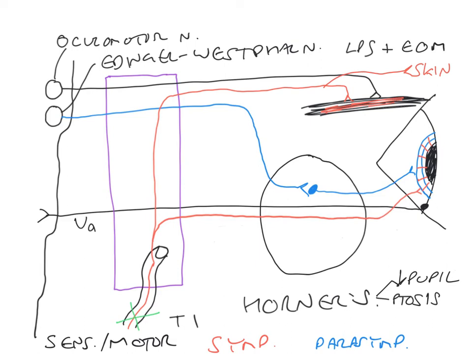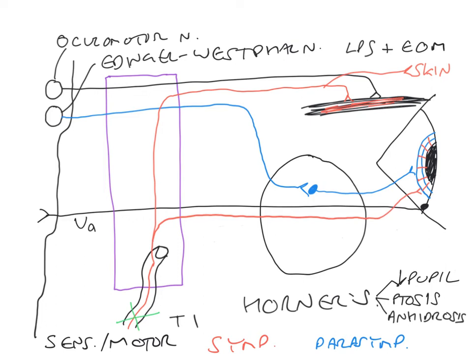So if we have lost sympathetic innervation to the skin, we would lose sweating to a given area of the face, and that would lead to the condition known as anhidrosis, i.e. loss of sweating. So that's Horner syndrome, leading to the classic presentation of ptosis, miosis, and anhidrosis.